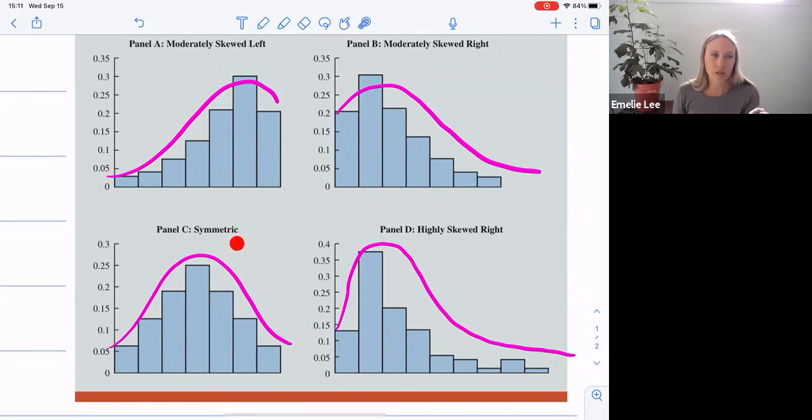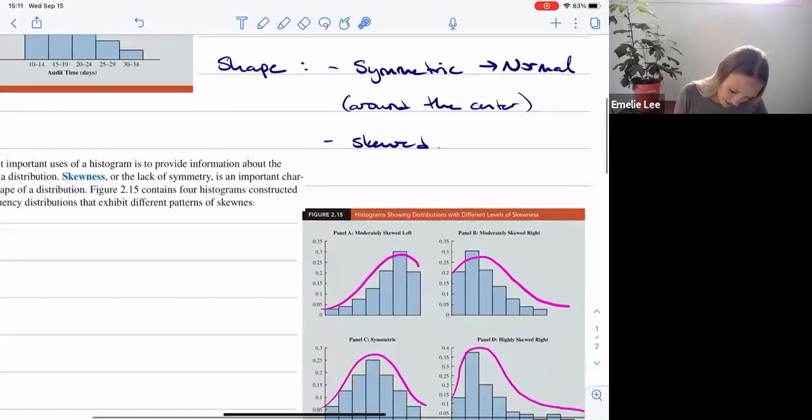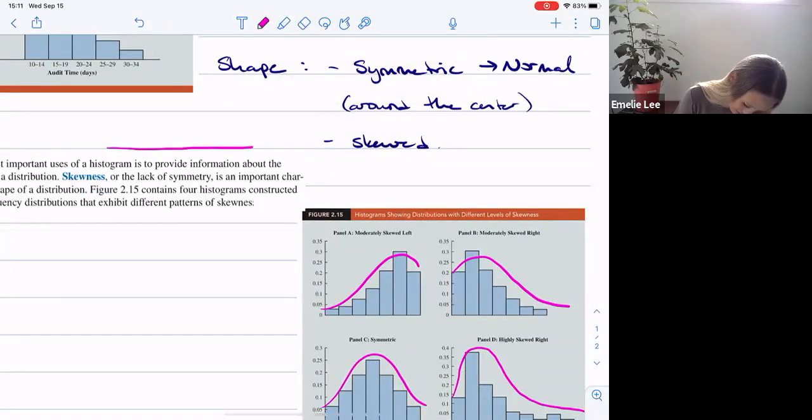This is symmetric, right? And it also has this beautiful bell shape. So we call this a normal distribution, right? And so for the shapes, the normal distribution looks like this. This is the normal.